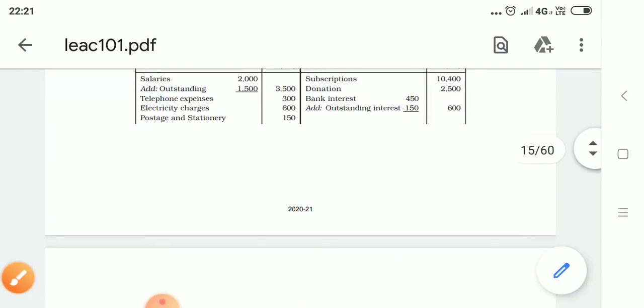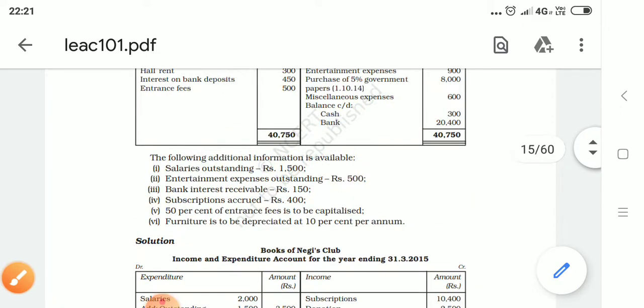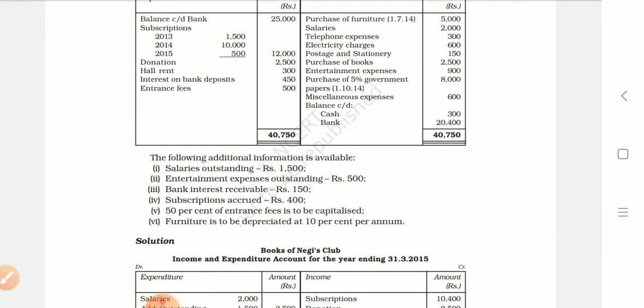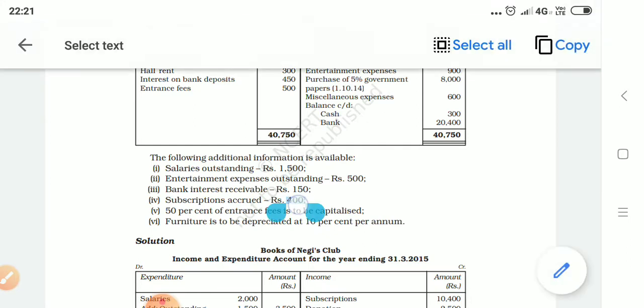Now another point which you have to stress here, let me tell you. Last year when I taught you final accounts, I told you adjustments appear in two places, either in trading or profit and loss account and in balance sheet. The same rule is applicable here. So we saw two adjustments, isn't it? We saw an adjustment for subscription. You have subscription accrued. Subscription accrued is income accrued.